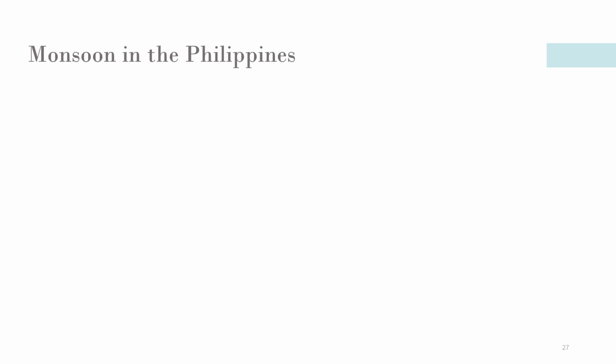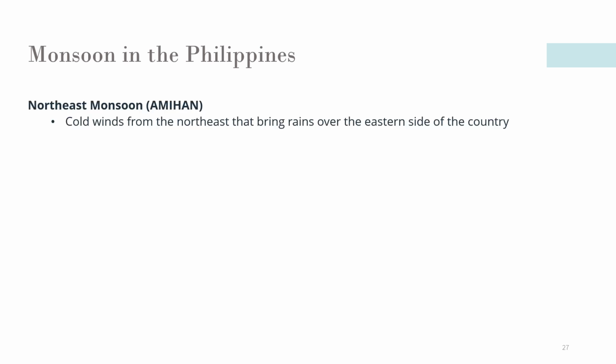First is the prevailing wind, the northeast monsoon, which is what we call the amihan, or the cold winds from the northeast that bring rains over the eastern side of the country. Again, if you recall, the local winds are named by the direction where they are coming from.